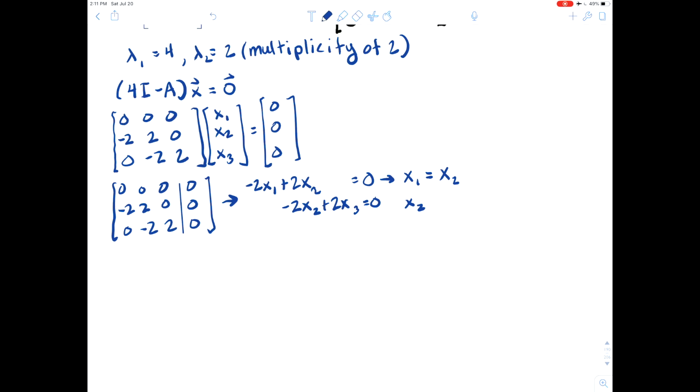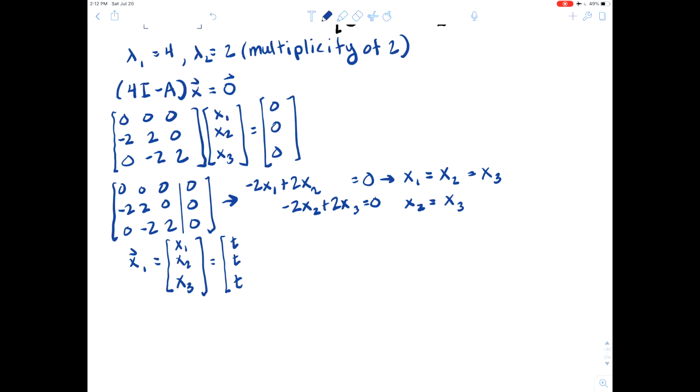X2 would equal x3, right? And that would make x1 also equal to x3. So our first eigenvector, x1, will be equal to x1, x2, x3, which in turn would equal, if we parameterize, t, t, and t.